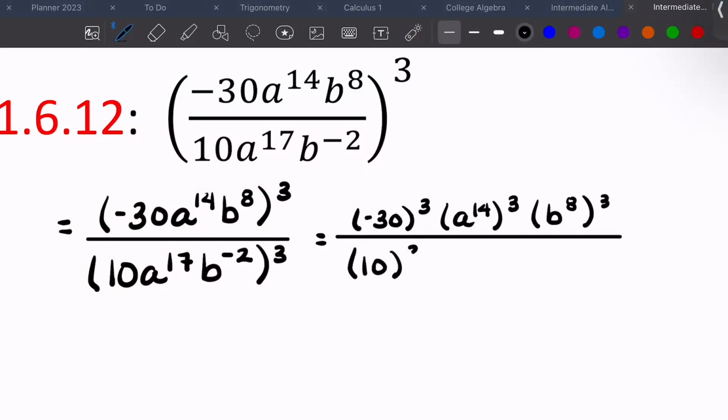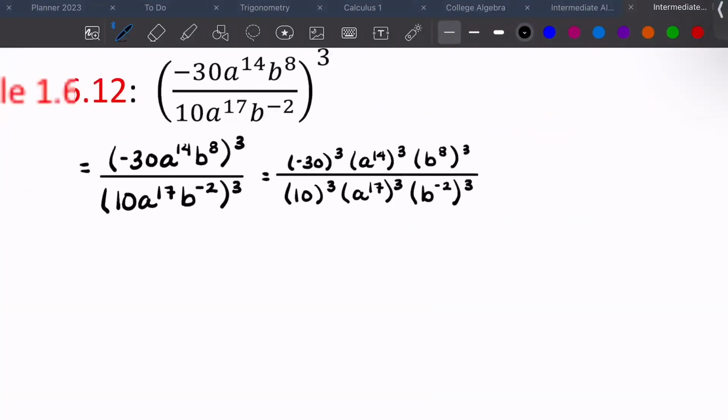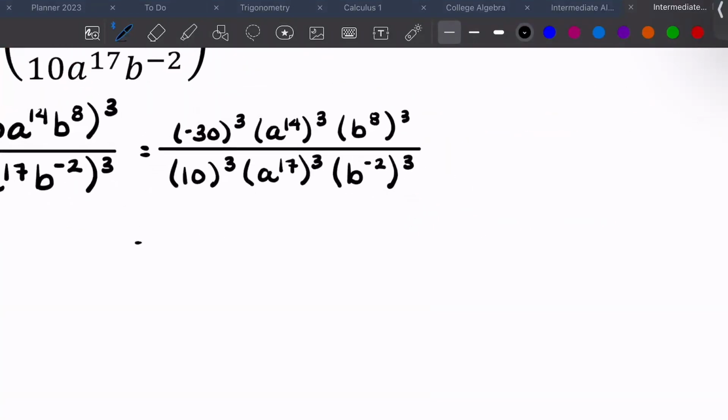10 cubed, a to the 17th cubed, b to the -2nd cubed. Okay. Now we just have a bunch of product rules.